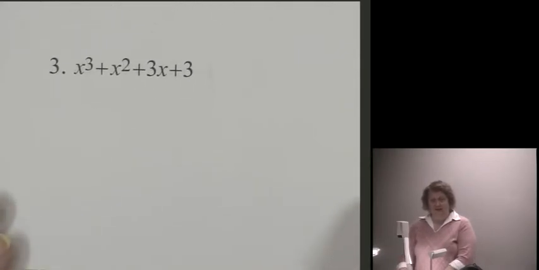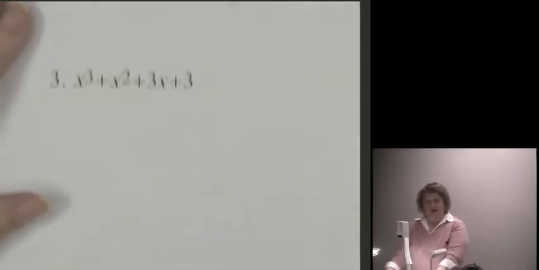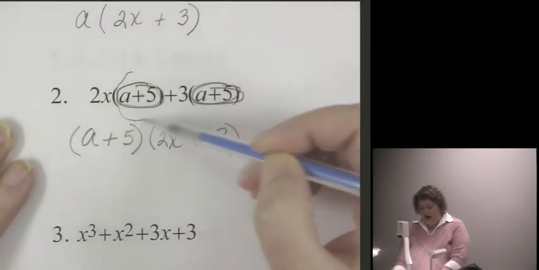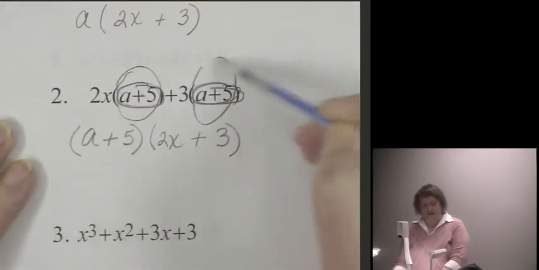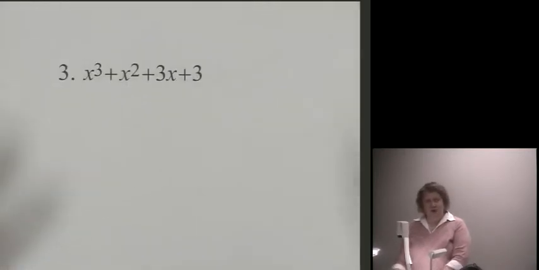As we look at this, what we want to do is create a problem that looks like this previous one, where it has a common set of factors, that a plus 5. If it's going to work, it works very smoothly, almost like it was meant to, because it was.